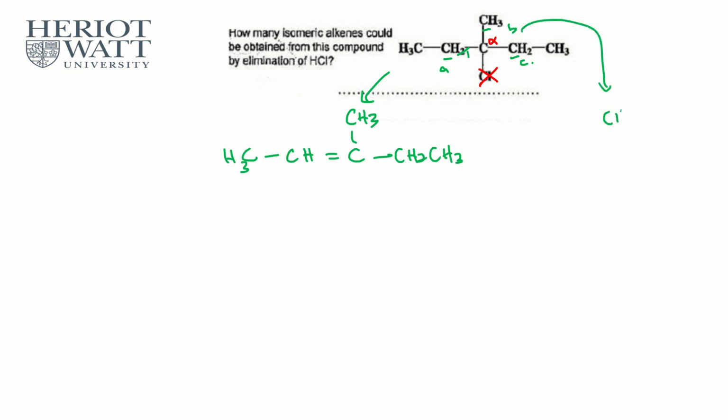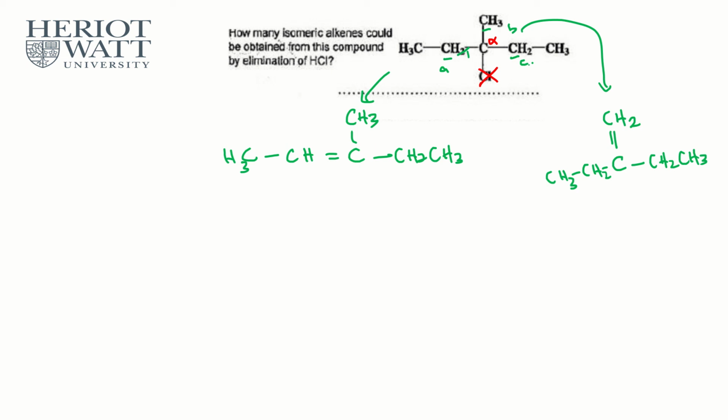Then the resulting alkene will be CH3, CH, double bond, C, CH3, CH2, CH3. That's one of them, right? If I'm removing from B, then the structure will be CH2 on top, double bond here, alpha carbon, CH2, CH3, the rest CH2, CH3 remain the same, right?